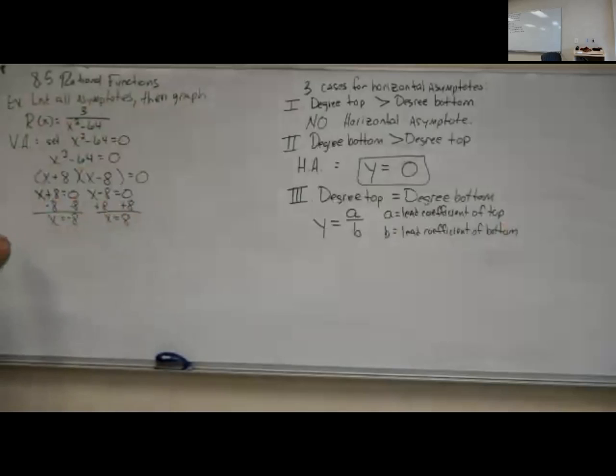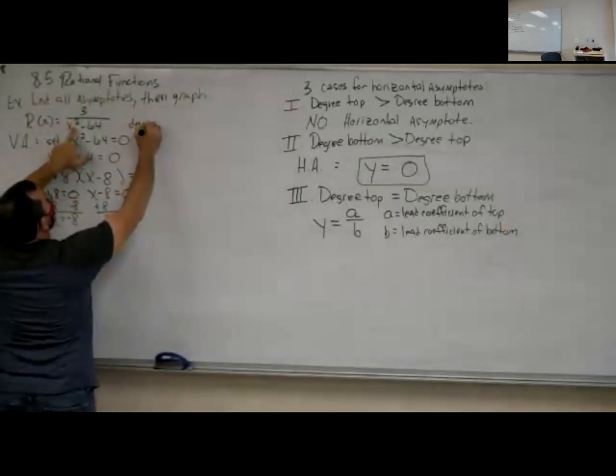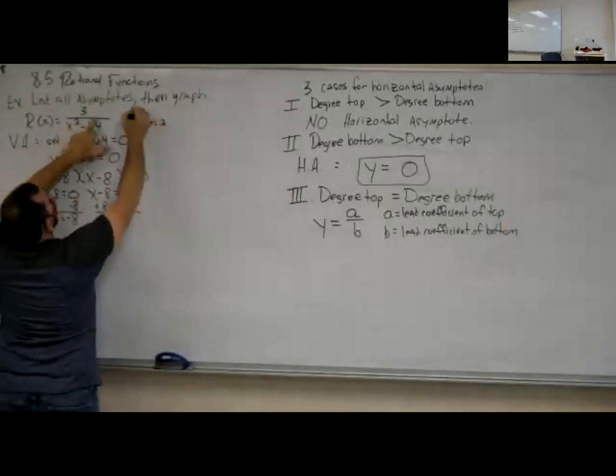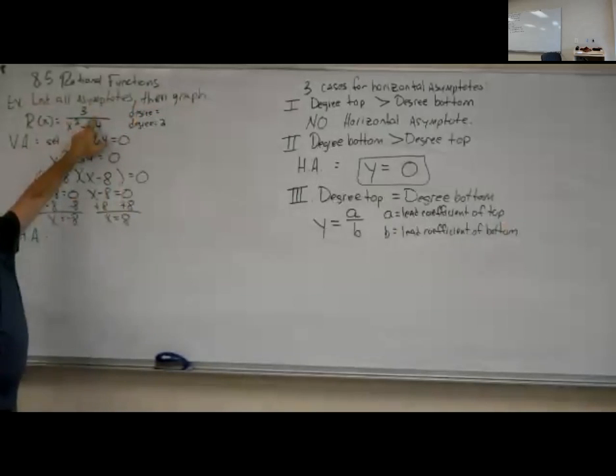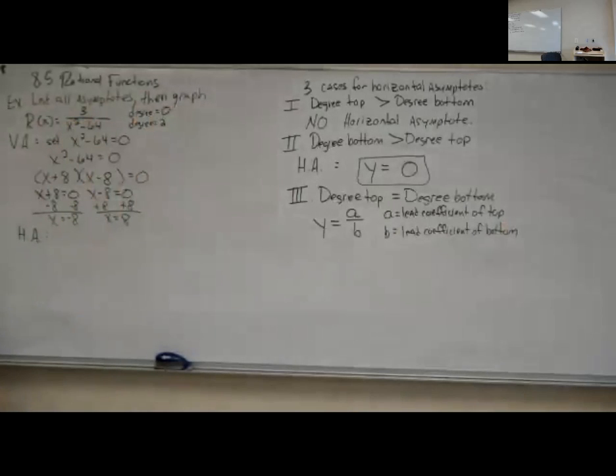So a horizontal asymptote, which means now I got to look at the degree. The degree on the bottom is a degree 2, right? So degree 2 on the bottom. On the top, you don't have a variable at all, so that's a degree 0.